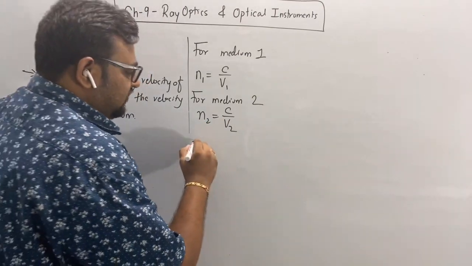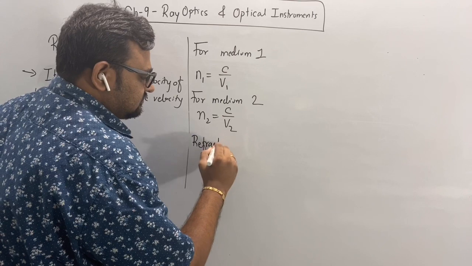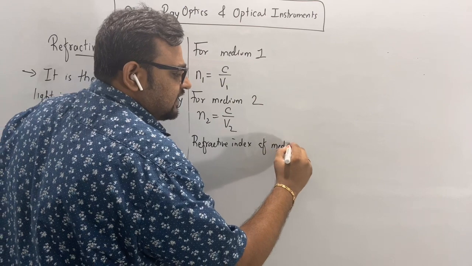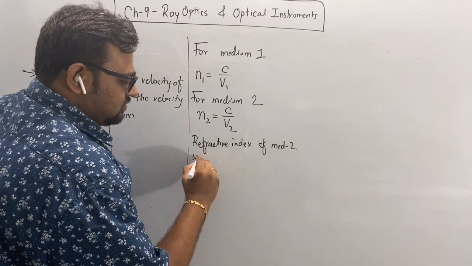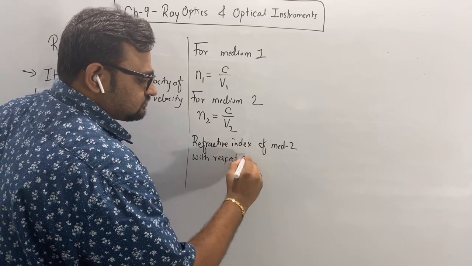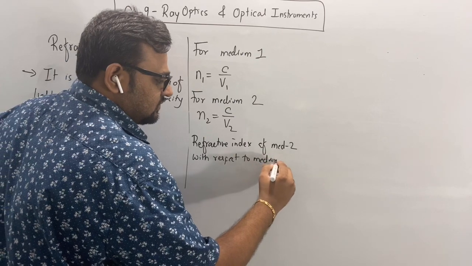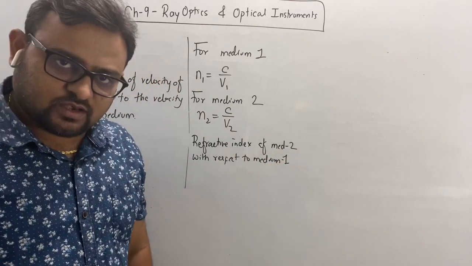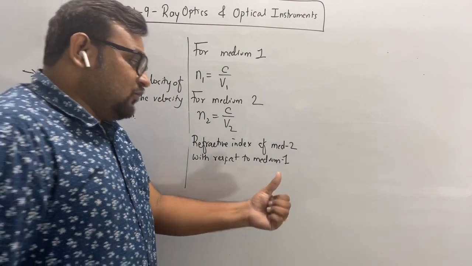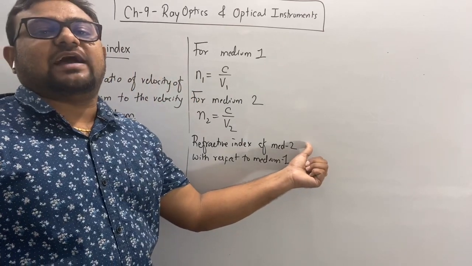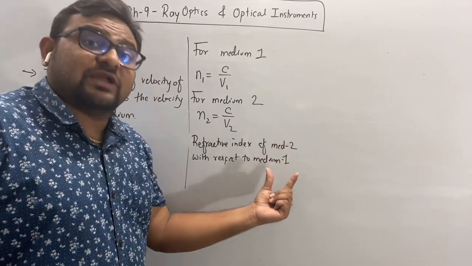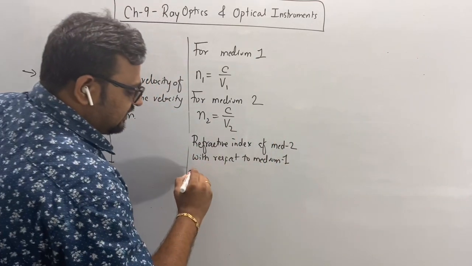Now, for the refractive index of medium 2 with respect to medium 1, what we have to do? We have to take the ratio of velocity of light in medium 1 with respect to velocity of light in medium 2. Remember, we don't have to take a ratio like V2 by V1. You have to take V1 by V2.